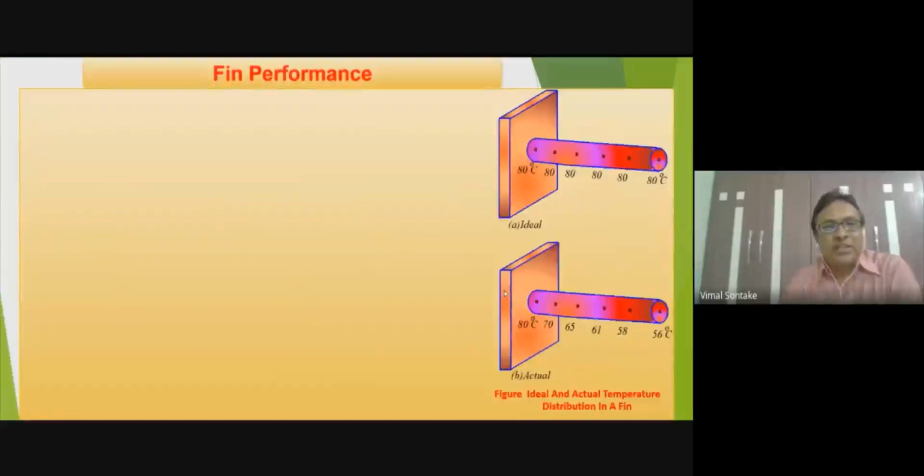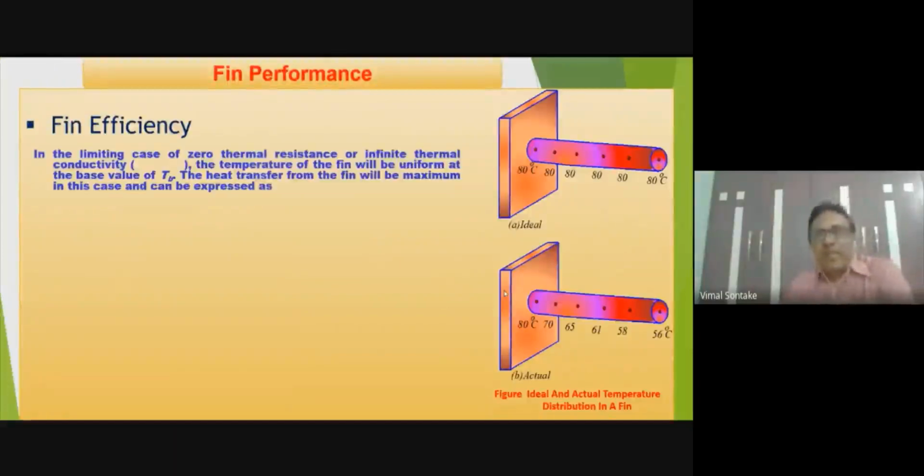Now let us start our discussion with fin efficiency. Now, as you can see here, there is a base surface at some temperature, let's say 80 degrees Celsius, and it is attached with a fin of some finite length L. Now let us consider a limiting case.